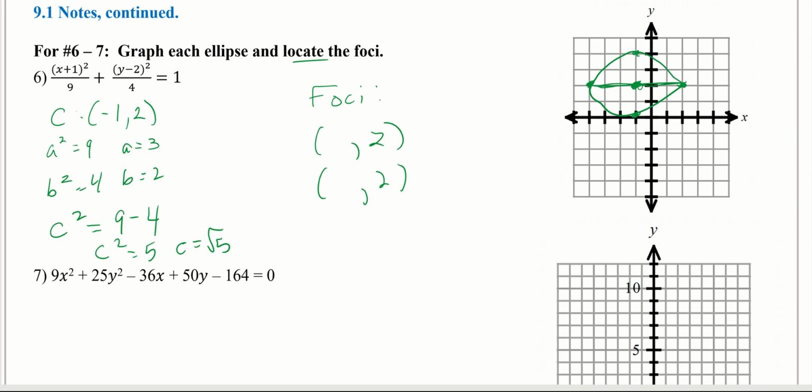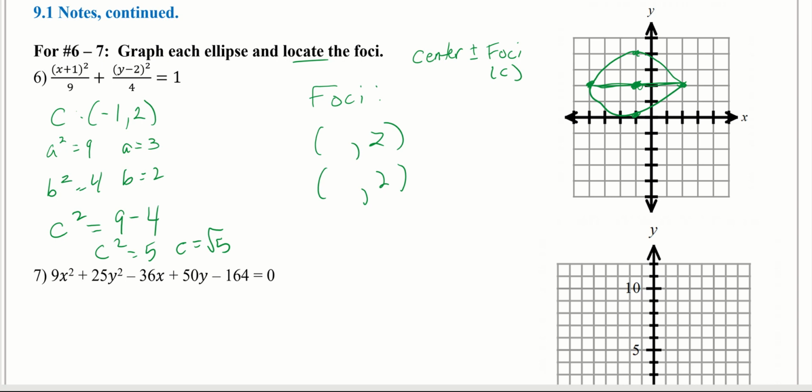Now, whenever the center is not at the origin, what you're going to do is the center plus and minus the foci, or sorry, we'll call it the c value. Okay, and so our center in the x is -1.